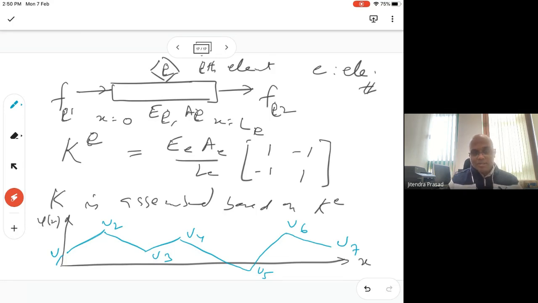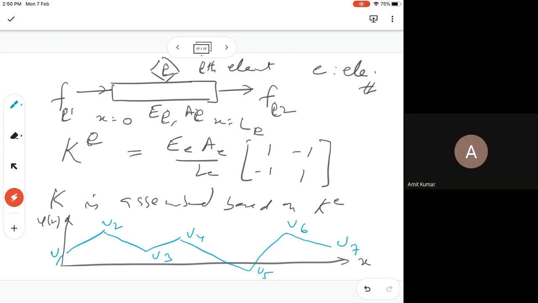Any question, guys? Sir, you said that our trial function should be piecewise continuous. So when we have more number of nodes, do we need to check the continuity, or is there any method for that, or do we just consider it as we have done before, N1 U1 and N2 U2?